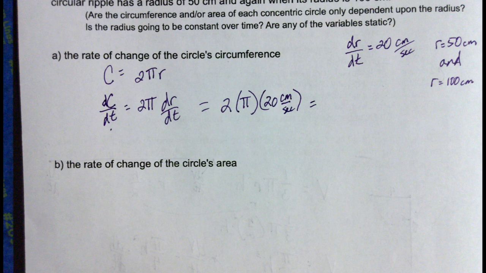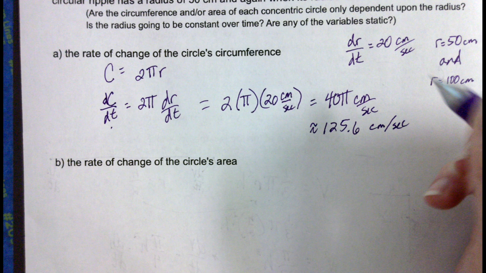And by the way, since it's linear, the circumference is going to be changing at 125.6 centimeters per second from the get-go until forever and ever, amen. Well, I know. Other forces will act upon it, but yeah.